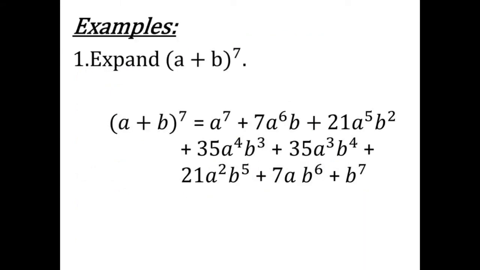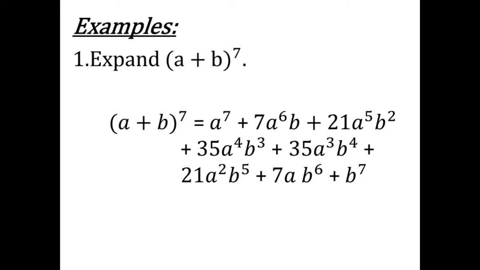So here's an example. Expand the quantity a plus b to the power of 7. The quantity a plus b to the 7th is equal to a to the 7th plus 7a to the 6th b plus 21a to the 5th b squared plus 35a to the 4th b to the 3rd plus 35a to the 3rd b to the 4th plus 21a squared b to the 5th plus 7a b to the 6th plus b to the 7th.